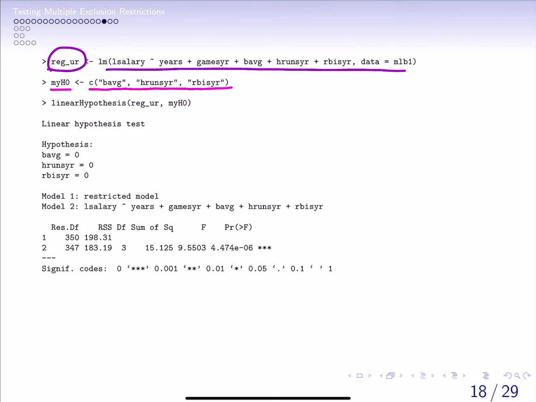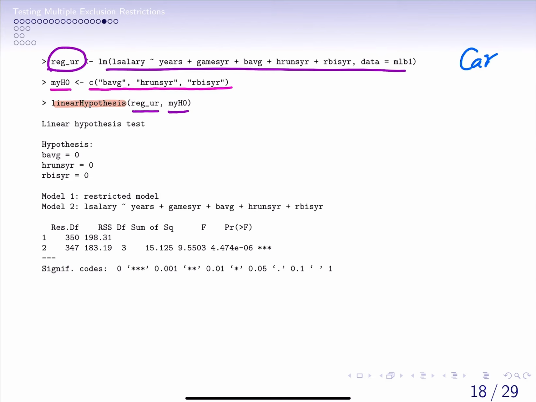And then we can use the linearHypothesis function, which comes from the car package, by specifying two things: the regression, which is unrestricted, and the exclusion restrictions.